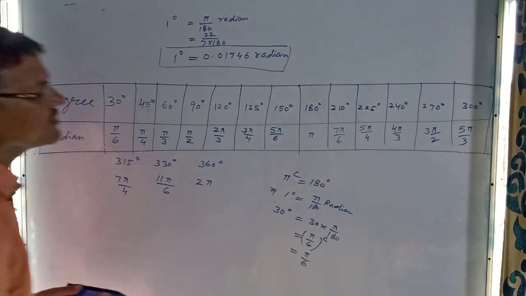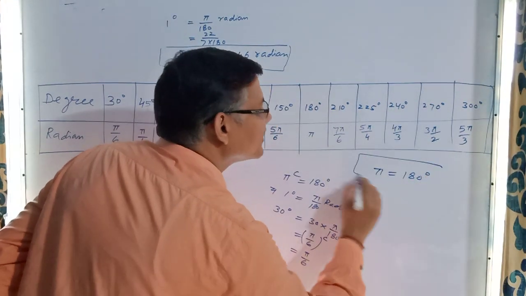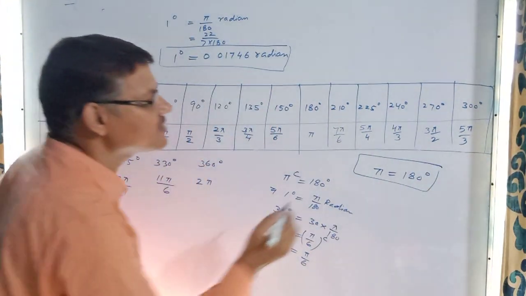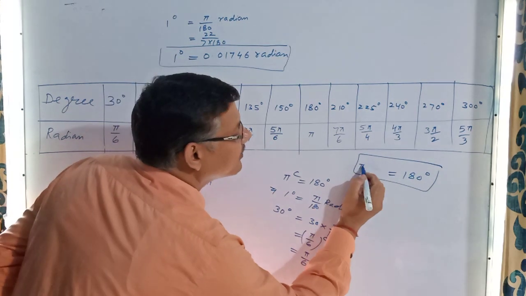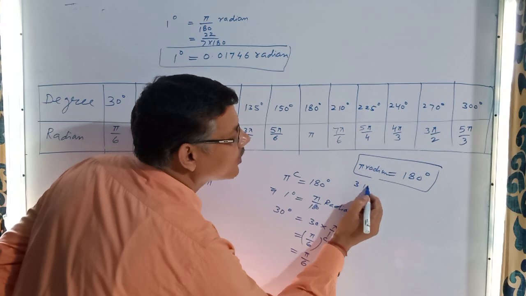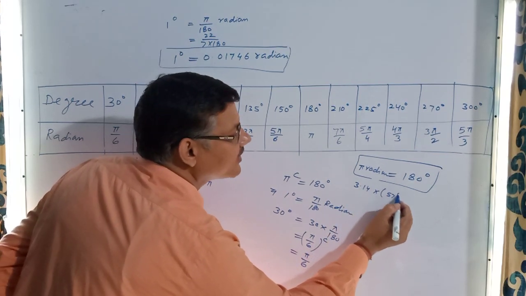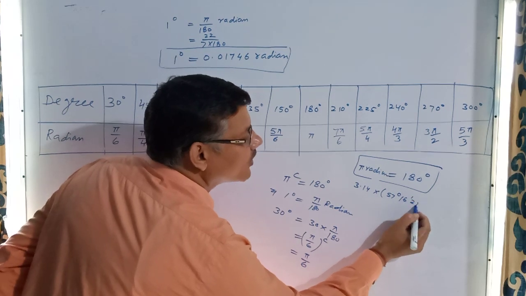Here one confusion is there. When we write pi is equal to 180 degree, it is not correct. It is pi radian that is correct, since pi means 3.14 times 1 radian, which is how many degrees? 57 degree, 16 minutes, 21 seconds.